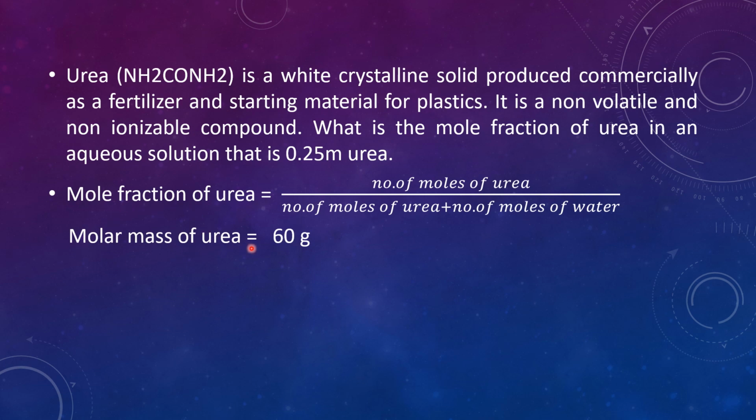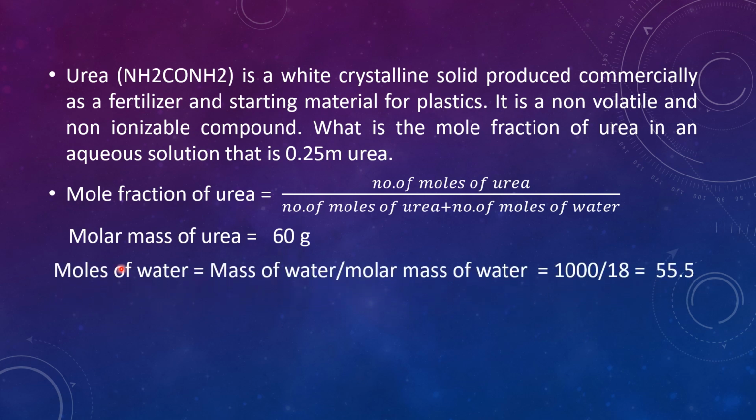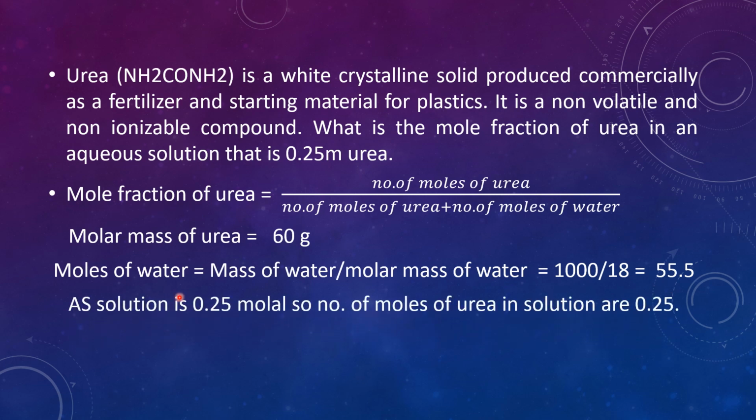First, the molar mass of urea is 60 gram. The moles of water are the mass of the water divided by the molar mass of the water. The mass of the water is 1000 gram, as it is given that it is a molal solution. So 1000 gram divided by the molar mass of water, 18 gram, will be equal to 55.5. As I have told you that it is a 0.25 molal solution, it means 0.25 is the number of moles of urea here.